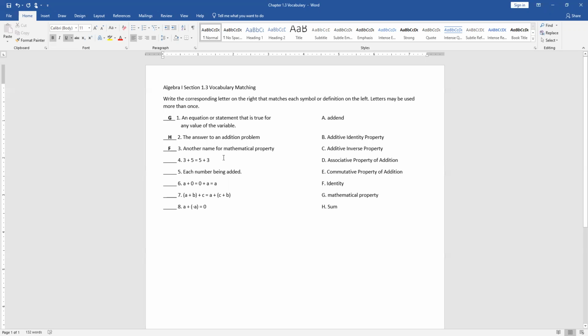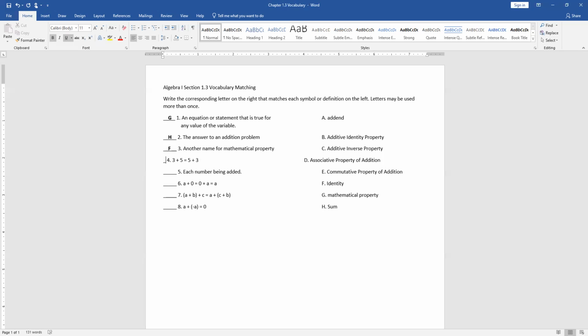Okay, so we're looking at number 4, and we'll see that for 6, 7, and 8 too, I'm actually putting the mathematical expression for each property instead of the written description, because I feel like this makes a little bit more sense. So when we look at the addition problem, 3 plus 5 equals 5 plus 3, then hopefully you're seeing that this is the commutative property of addition. And you can think of it as the numbers in the problem are commuting back and forth. Like on each side of the equal sign, they're in a different place.